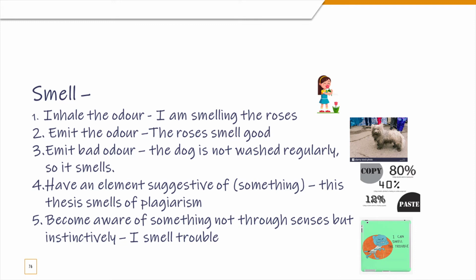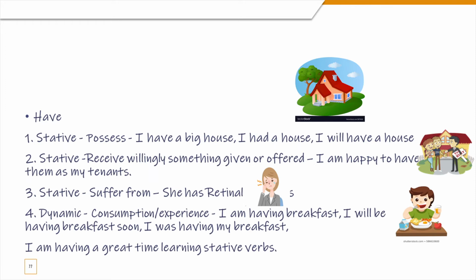For example, someone is really careless about their work. Or if there is a mischievous child, up to a lot of mischief all through the day, he can say to himself, I smell trouble because of all the mischief I've done throughout the day. So I can smell trouble. That's a stative meaning. Let's look at the next one.